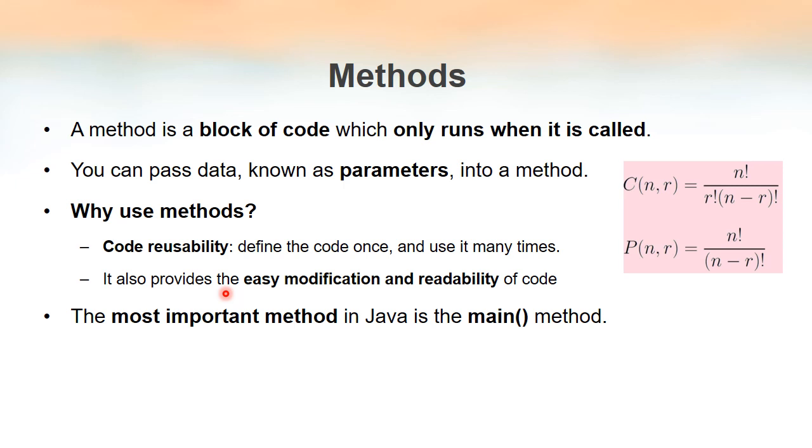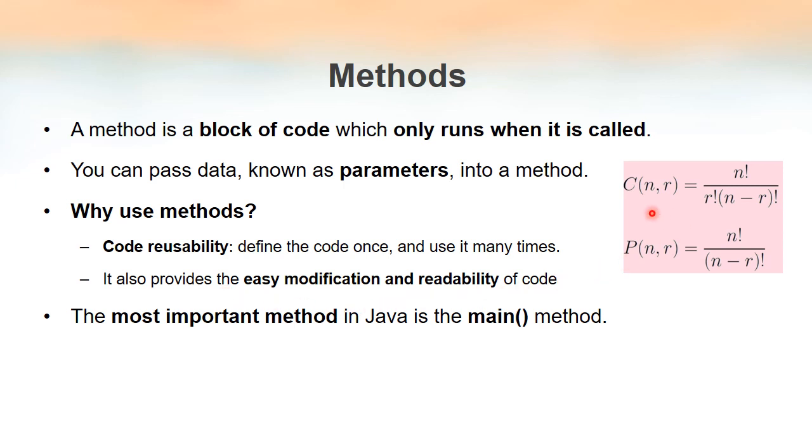And if we want to modify that program, we have to go through the entire lines of code within the same method, and then think about where to modify and what will happen if we insert a new line inside this function. So the modification and the readability of the program become very complex when we don't split the program into methods. That is why we use methods.